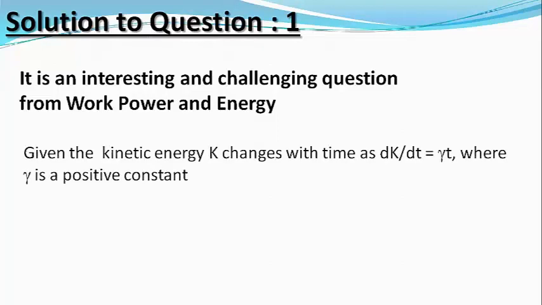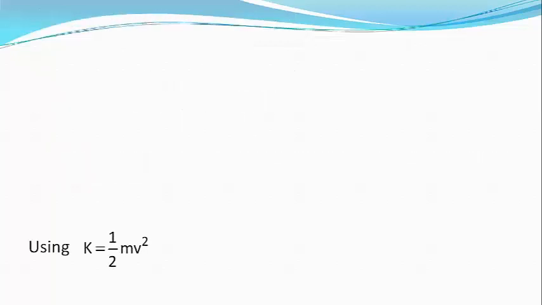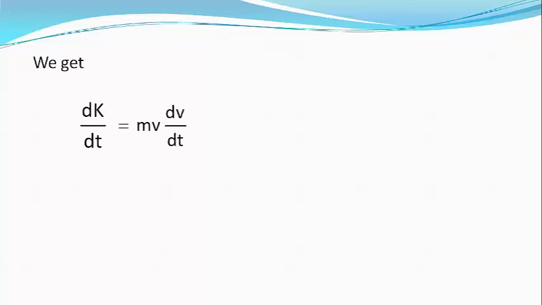Given the kinetic energy of the particle changes with time as dK/dt equals gamma t, where gamma is a constant. Using kinetic energy K equals half mv squared, we get dK/dt equals mv into dv/dt, which equals gamma t, or v dv equals gamma/m into t dt.